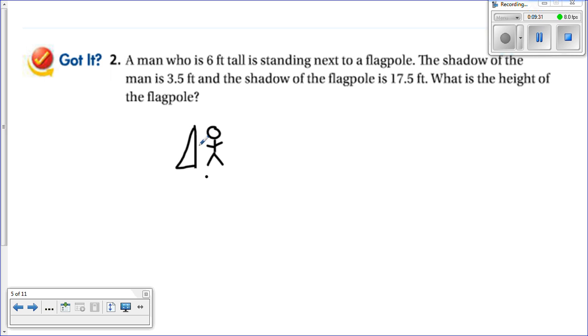He is 6 feet tall, and his shadow is 3.5 feet. And then you have this building where the shadow is 17.5 feet, and we're wondering how tall it is.